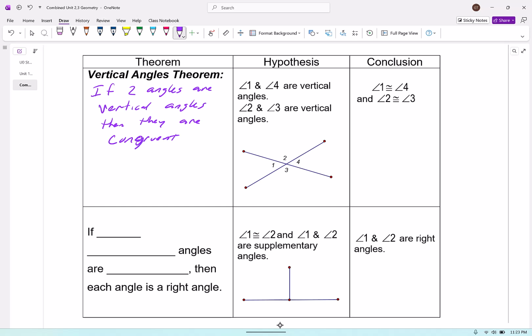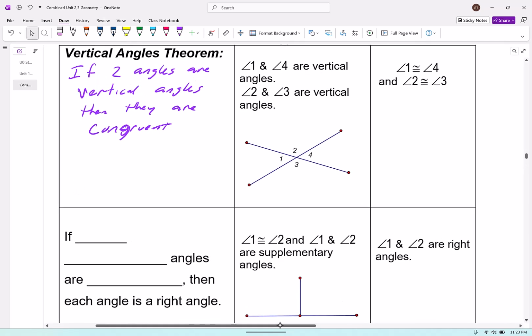Remember, vertical angles are made when two lines intersect at a point. So the opposite angles that are created are equal to each other, and they are vertical angles. We see here with this diagram, 1 and 4 are opposite of each other, so they are vertical angles. Therefore, they are equal to each other. And 2 and 3 are vertical angles, therefore they are equal to each other.